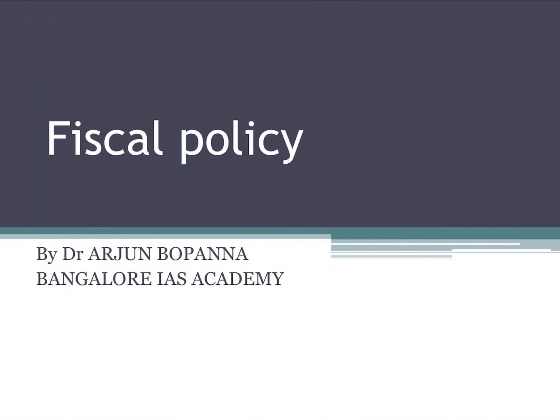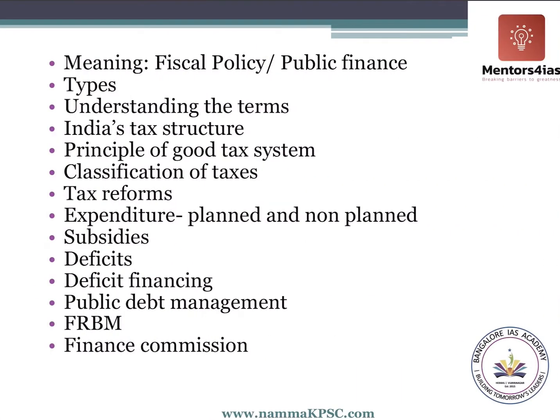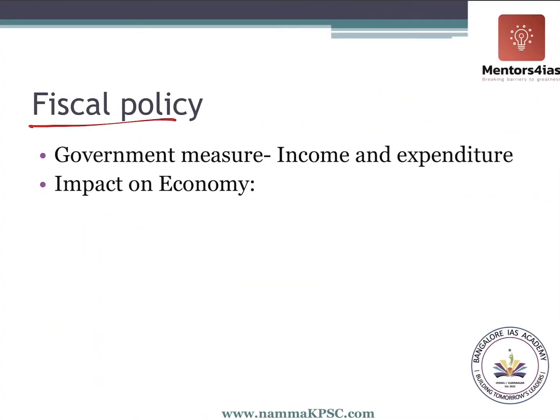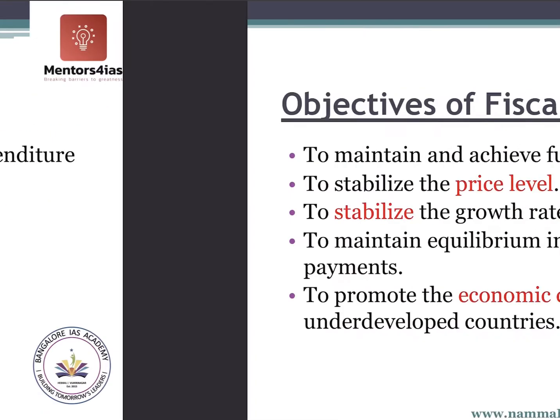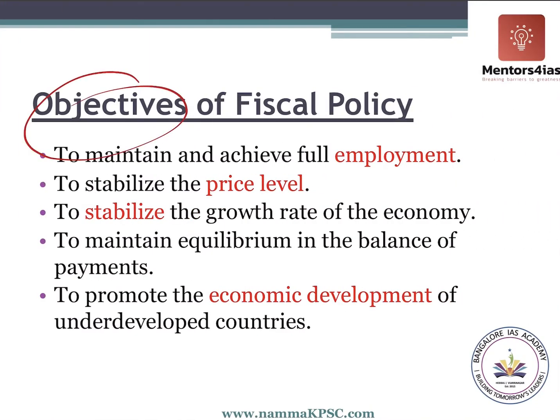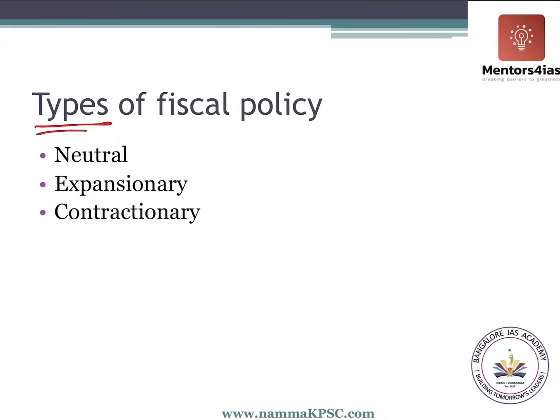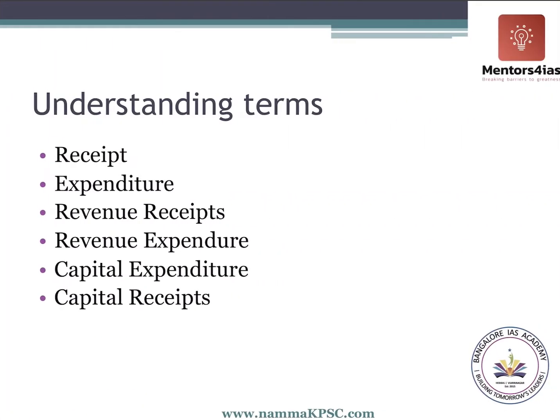So in the previous video, we started with fiscal policy, the chapter on fiscal policy. In that video, I discussed all the topics that we'll be covering in this chapter. We defined what is fiscal policy, what is its impact. Then we discussed the objective of fiscal policy. Then we discussed the types of fiscal policy, that is neutral, expansionary and contractionary fiscal policy.